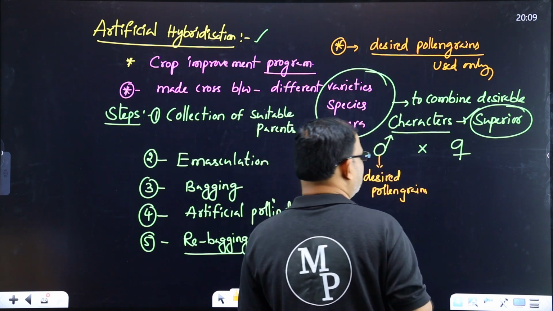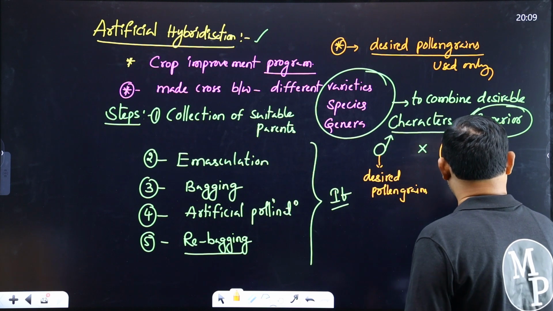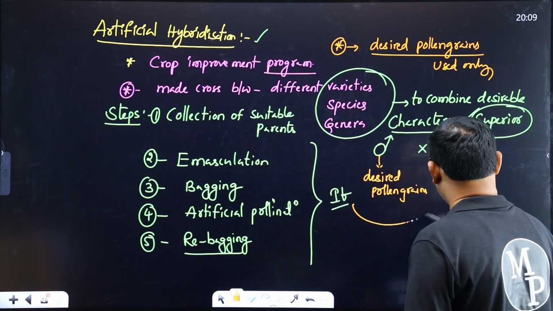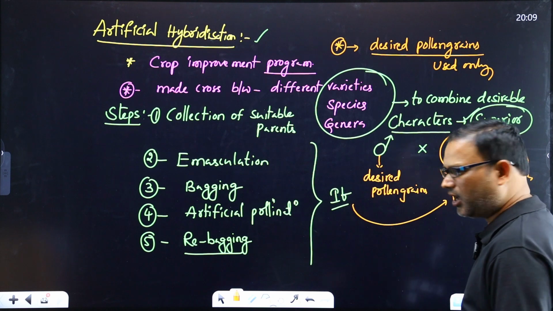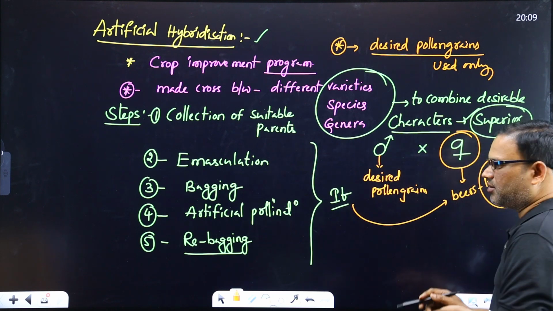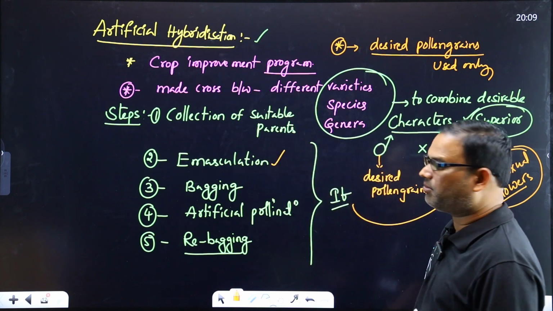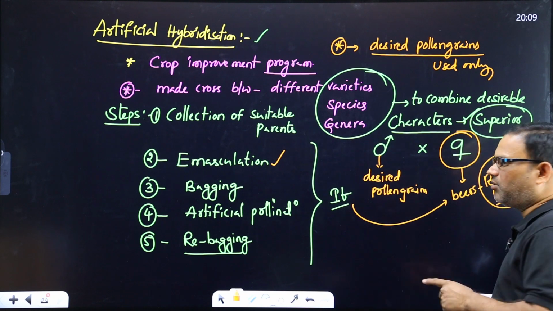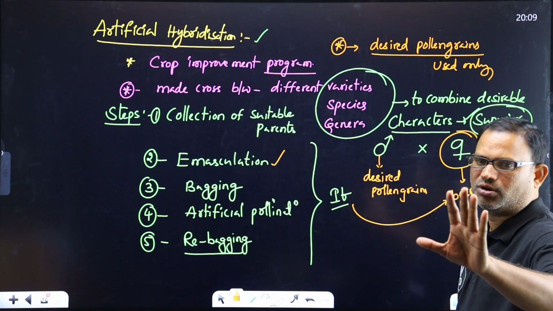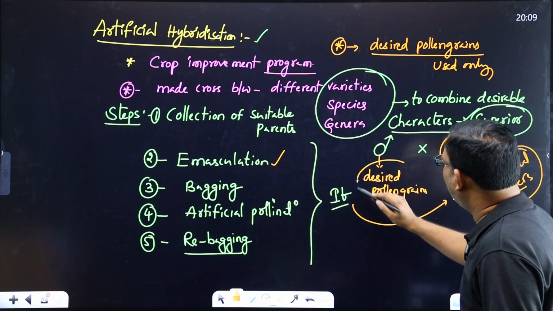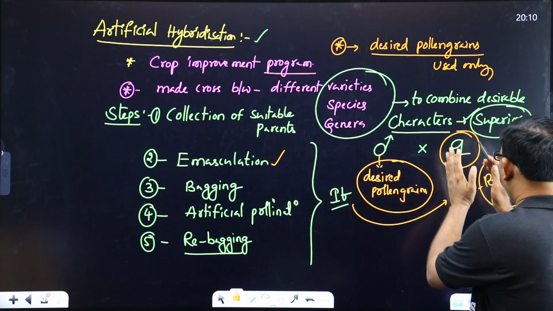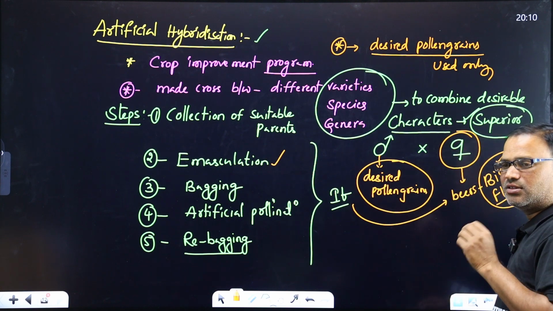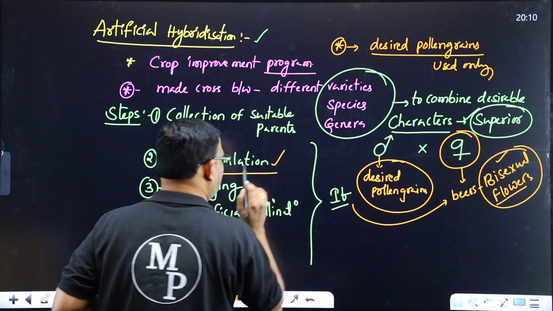Now coming to the next one, the female plant. If the female plant bears bisexual flowers, meaning androecium and gynoecium, then emasculation is compulsory, because a bisexual flower has both male and female parts. We don't need the male plant's parts, because we have already selected the male plant, from which desired pollen grains are collected. So if the female plant bears bisexual flowers, emasculation is done.